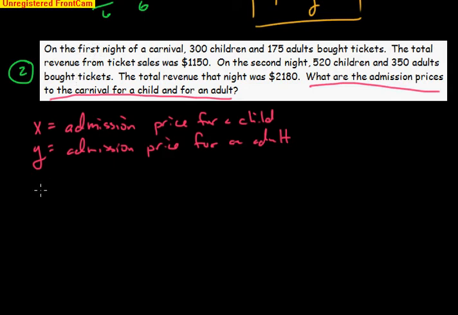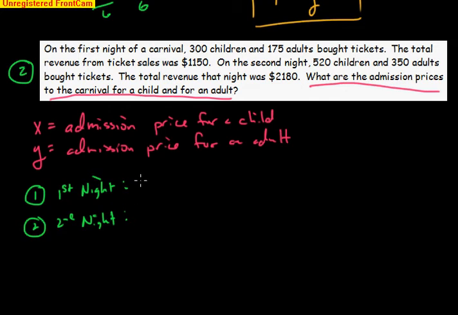So, the two equations that we're going to create are coming from the two nights. So, night 1, first night, and 2 is the second night. Here's where our two equations come from. So what happened on the first night? 300 children came, 175 adults came. The total that they got was $11.50.